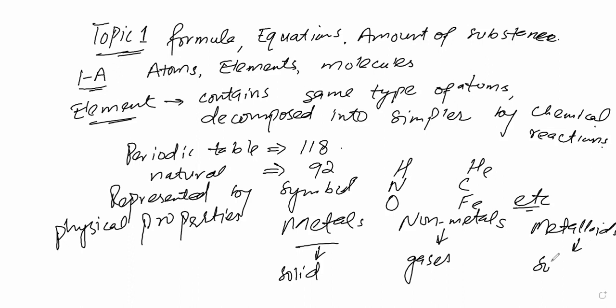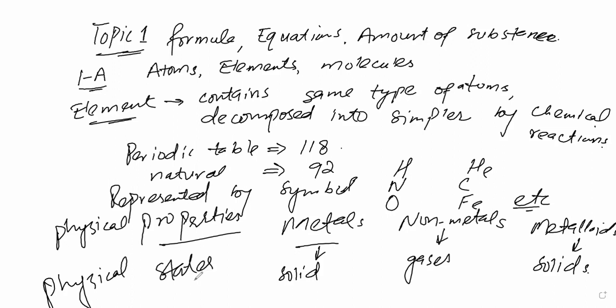Metalloids are always solids, okay, mostly solids. So physical properties can be metal, non-metal, and metalloid. And physical states means they can exist in all these states. Okay, so this is all about the elements.